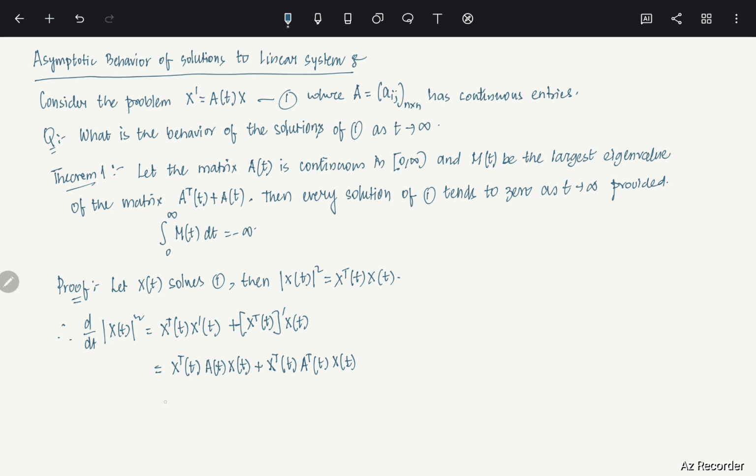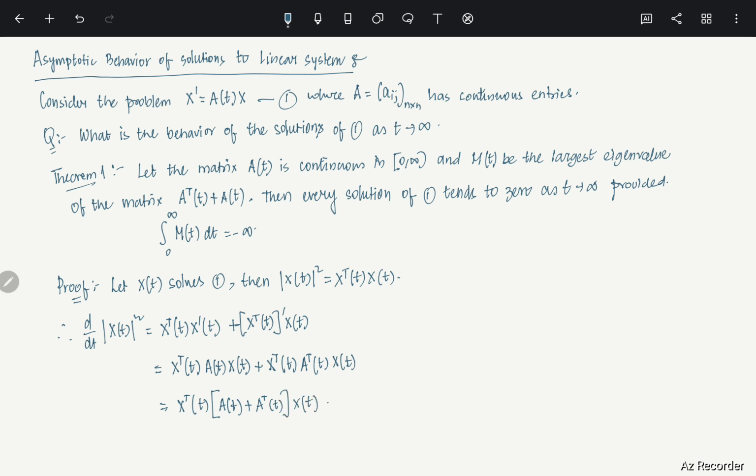Now this can be written as x transpose(t), taking this part common, times A(t) plus A transpose(t) times x(t).